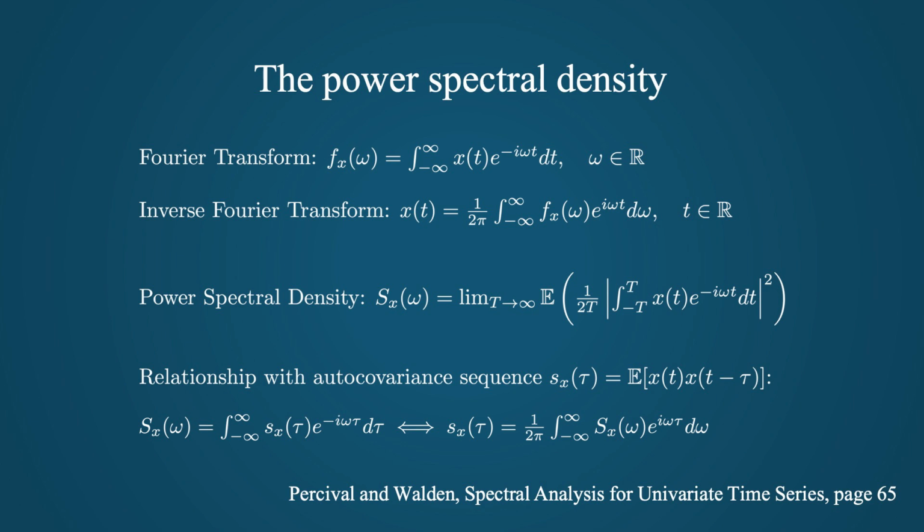So power spectral density: where does the power come from? Well, let's start in the middle of this equation and work outwards. We have a Fourier transform, and then we integrate it from minus T to T, taking a longer and longer time horizon, taking the limit as T goes to infinity, and we take the absolute value and square it.